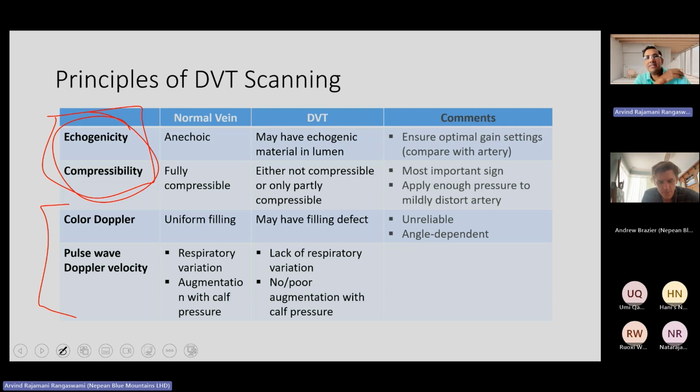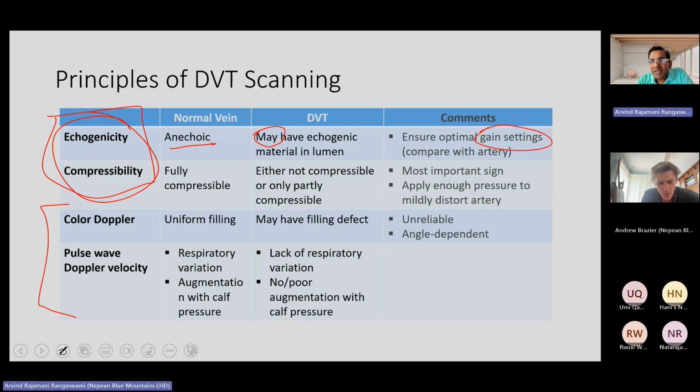Okay. And the distinction between a normal vein and DVT is that a normal vein is completely anechoic, whereas a DVT may have echogenic material in the lumen. The reason I'm saying may is because it is not uncommon for fresh thrombi and small thrombi that the echogenic material may be missed. The other reason why echogenic material may be missed is gain.